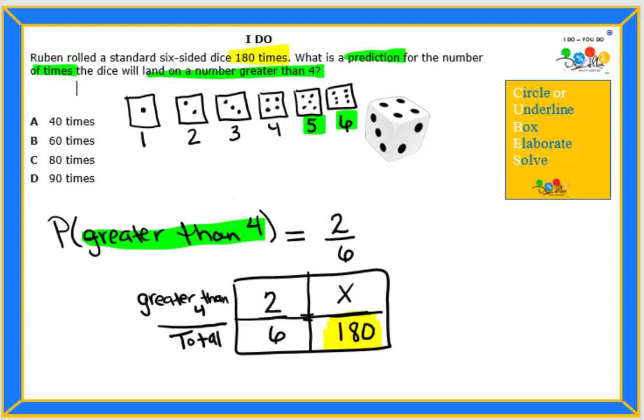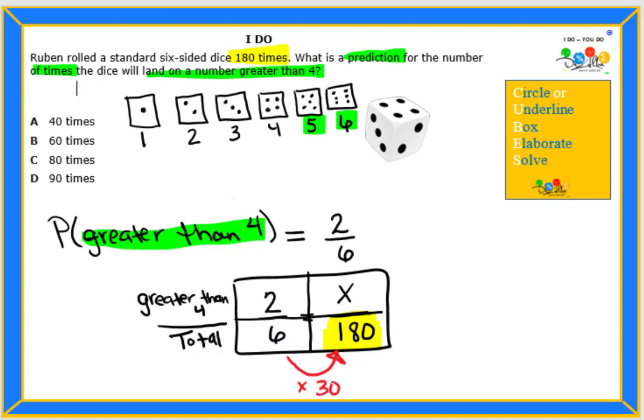Okay, so now we can either use our relationships or we can use cross products. In this particular one, I want to look at the relationship. So I can see that 6 times something equals 180. Can you see it? So 6 times 3 equals 18.